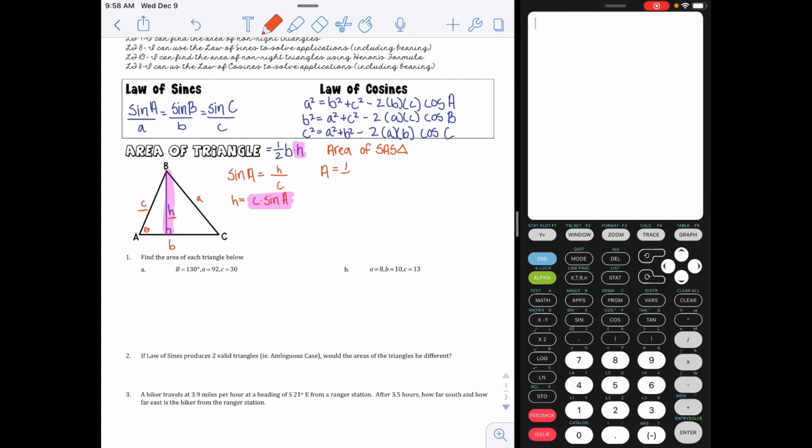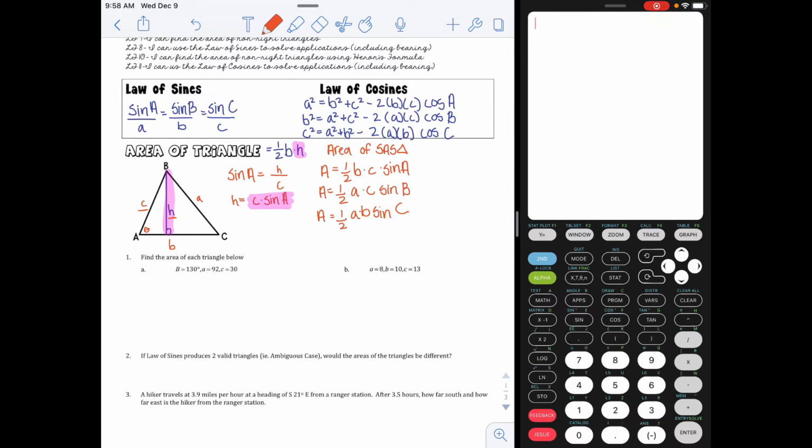So area equals 1/2 B times C times sine of A. Area equals 1/2 A times C times sine of B, or I could use 1/2 A times B times sine of C. Okay?